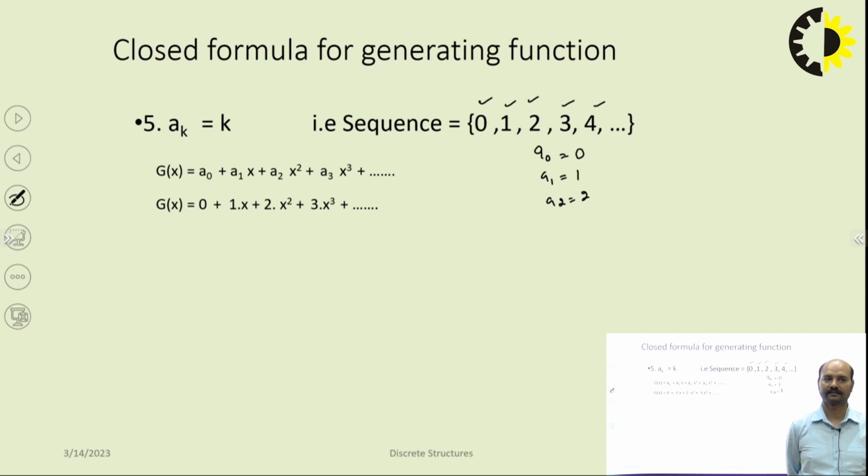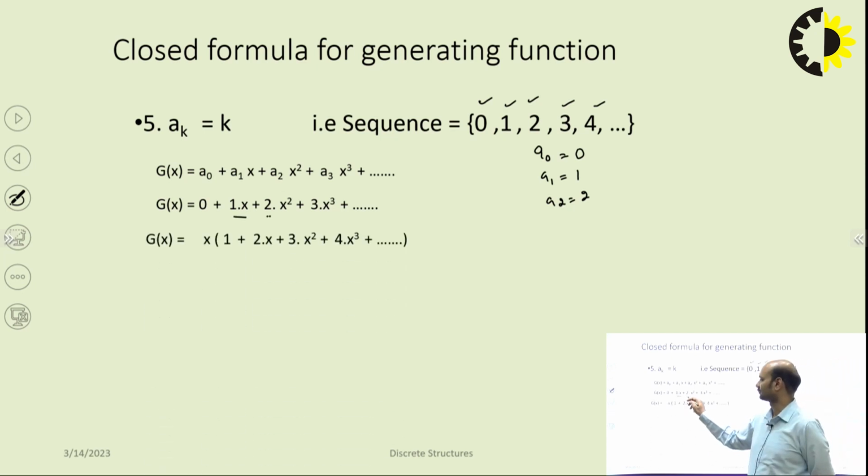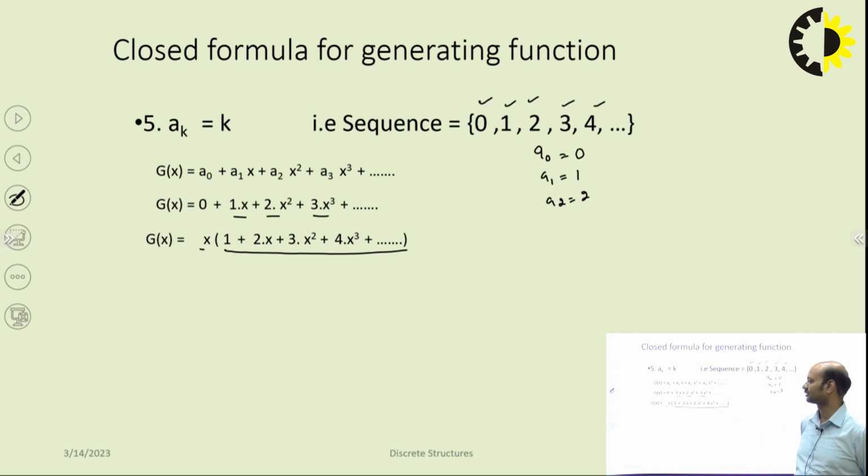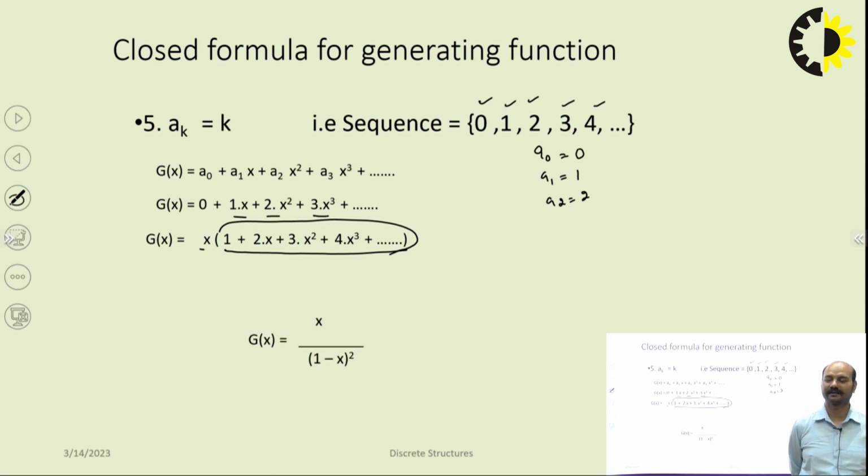So what will we get? That is x + 2x^2 + 3x^3. If we take x common, then what will we get? 1 + 2x + 3x^2 + 4x^3. In a previous example we have solved this particular series, so we get the sum of this series as 1 upon (1 - x) whole square.